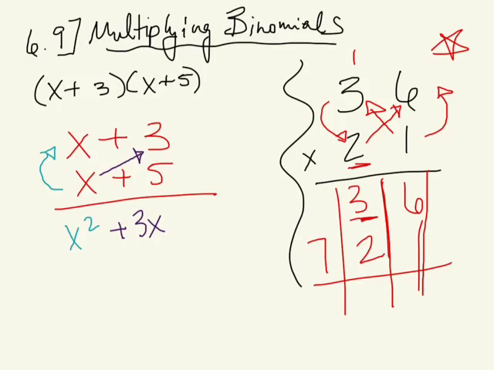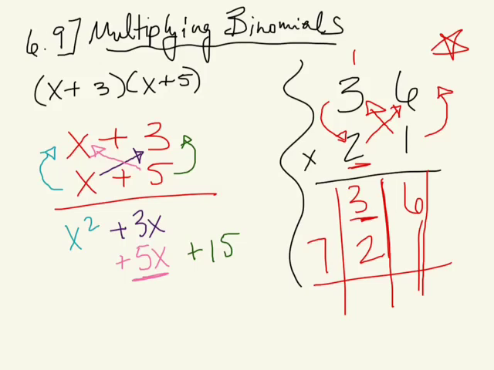Then you multiply positive 5 times x and you get a positive 5x. And you'll notice those are x to the first, so we put them in this column right here, x to the first. Then you multiply positive 3 times a positive 5, and you get a positive 15.